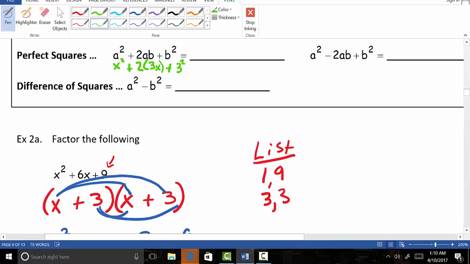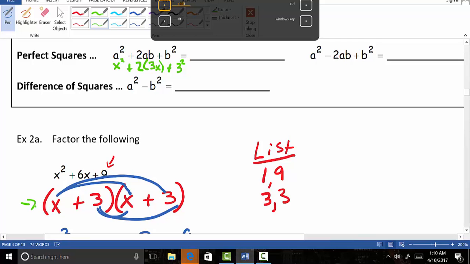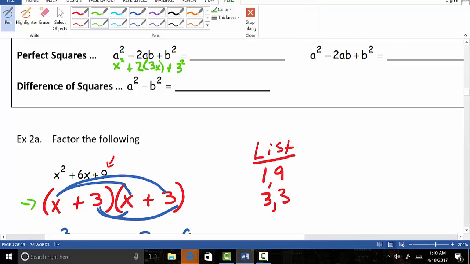So the definition looks a little bit weird. It does fit. I don't normally like to teach this approach, but what I do like to illustrate, especially, is noticing right here how when we factored it down, we ended up with x plus 3 times x plus 3. Okay, x plus 3 times x plus 3 is the exact same thing as saying this x plus 3 times itself, or x plus 3 quantity squared.